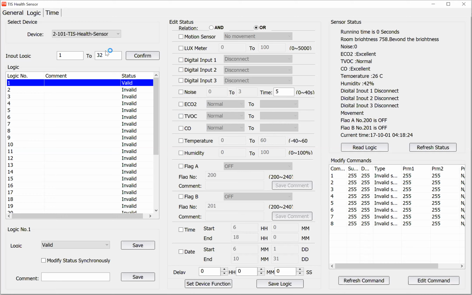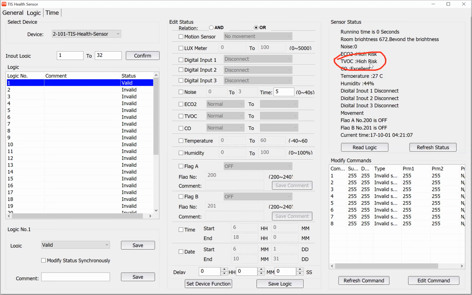For example, look here at the circle. As you see, now it's excellent. But if I use perfume in the room, because perfume is a chemical thing, you can see it changes to medium risk.